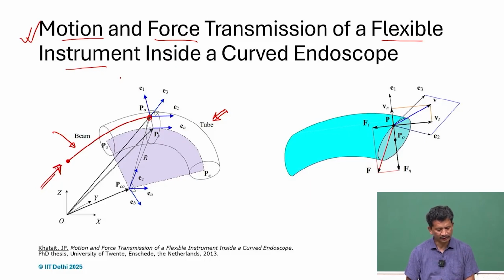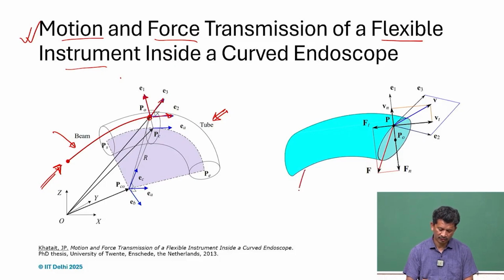We realize there are triads defined: one along the direction of the tube, one in the circumferential direction, and another the normal or binormal. So we get E1, E2, and E3. These are the unit vectors defined at the contact point, with respect to the tube walls.